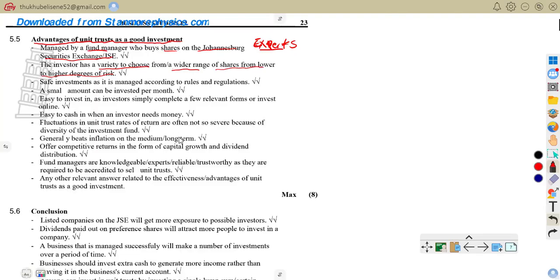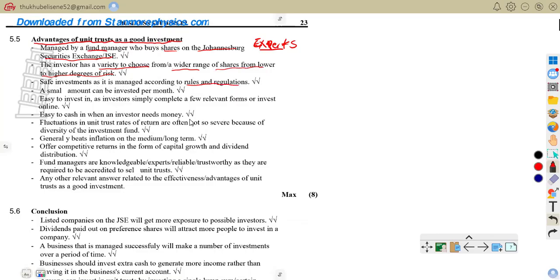Different funds. So he has that opportunity of a variety of wider range of shares from lower to the higher degree of risk. That is one. Then it says safe investment as it is managed according to the rules and regulations.